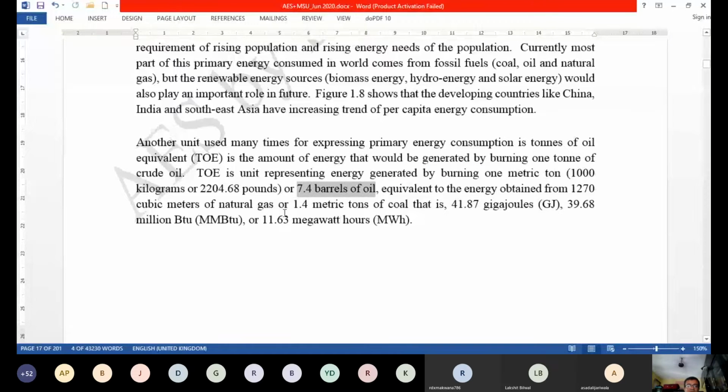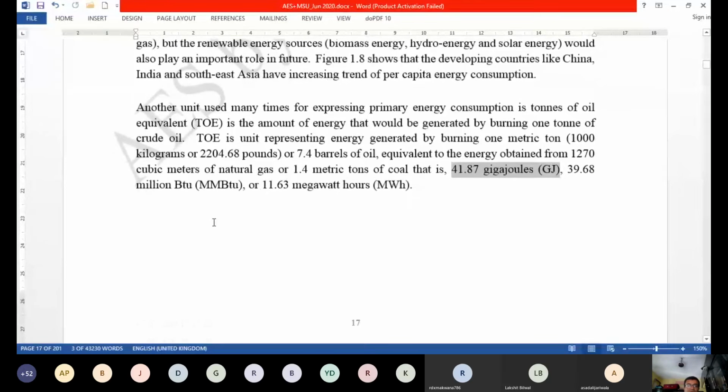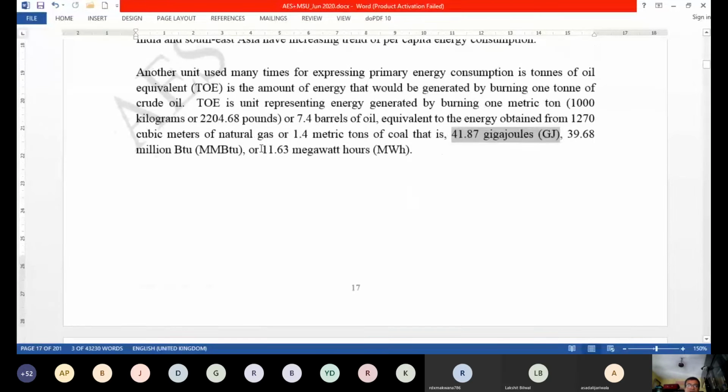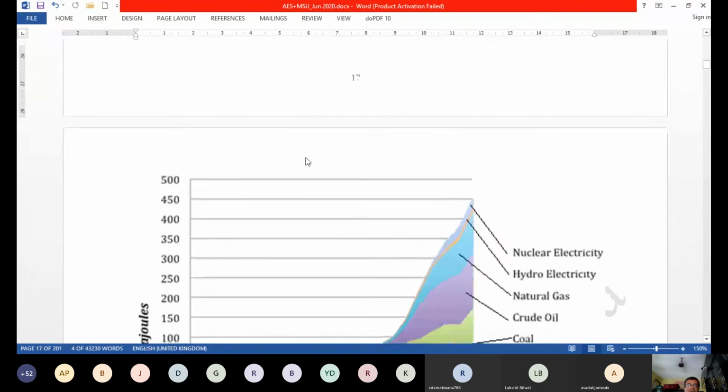How much energy will this oil give? This will give 41.87 gigajoule energy. So when you say 1 ton of oil equivalent, TOE, you mean that the energy is equal to 41.87 gigajoule, or 11.63 megawatt hours. Many times figures of energy consumption are given in tons of oil equivalent.